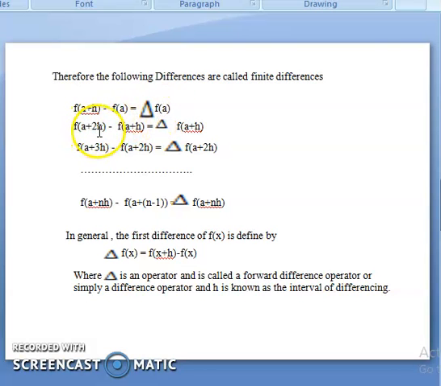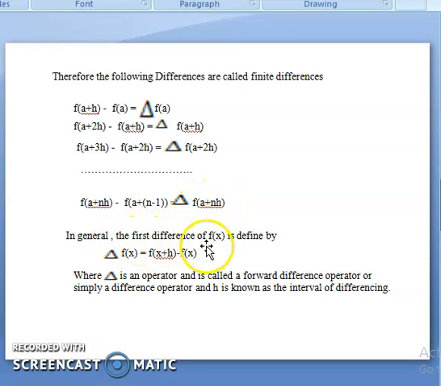Next is f(a plus 2h) minus f(a plus h), which becomes del of f(a plus h). Third, f(a plus 3h) minus f(a plus 2h), which becomes del of f(a plus 2h), and so on, and the nth one is f(a plus nh) minus the second last point f(a plus (n minus 1)h), which equals del of f(a plus (n minus 1)h).